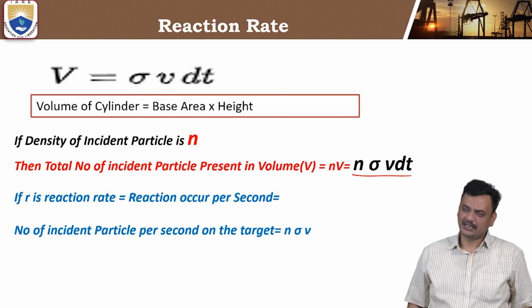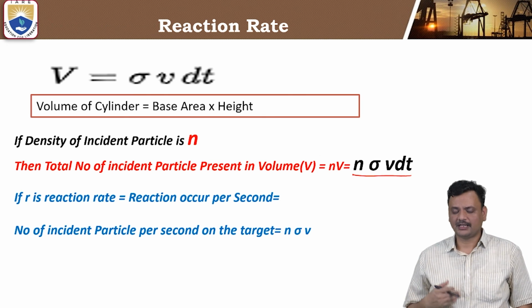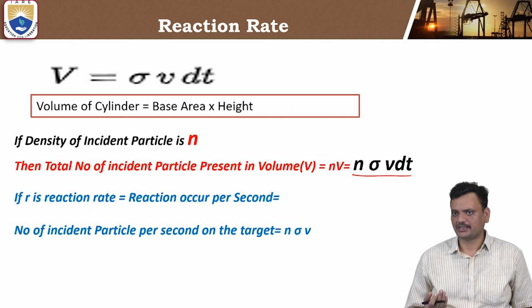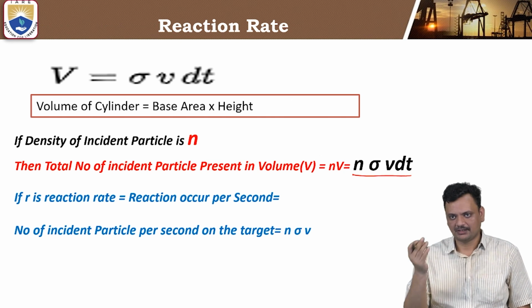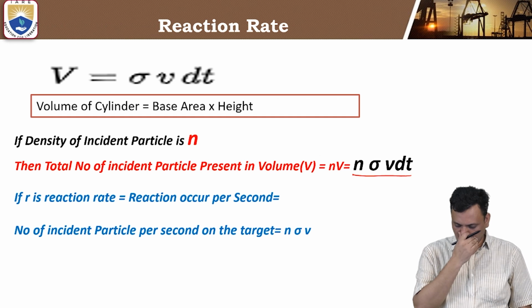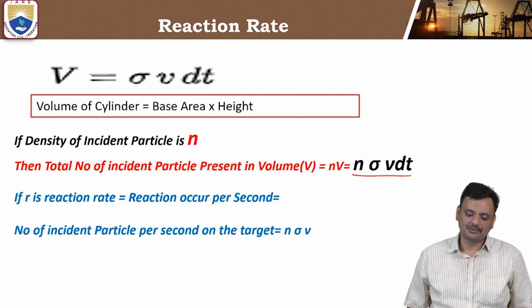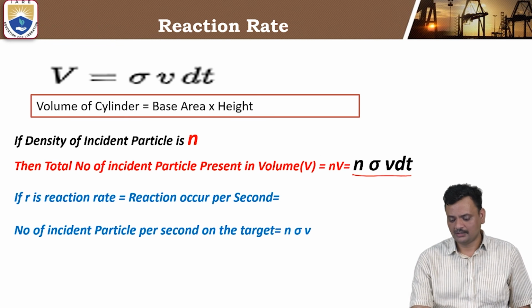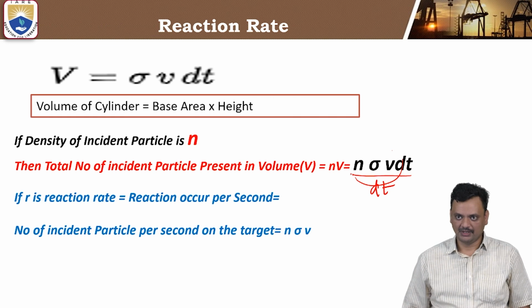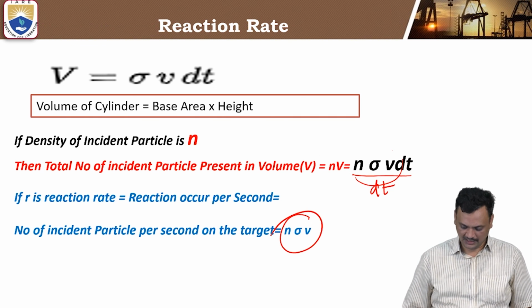If R is the reaction rate, meaning reactions occurring per second, that is, how many nuclear reactions take place in 1 second, then the number of incident particles per second on the target, if we divide by dt, is n sigma v. This is your reaction rate.